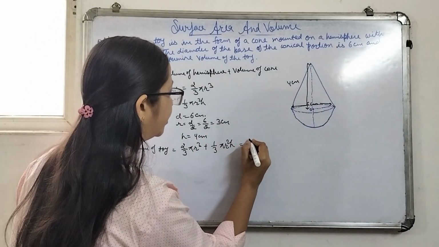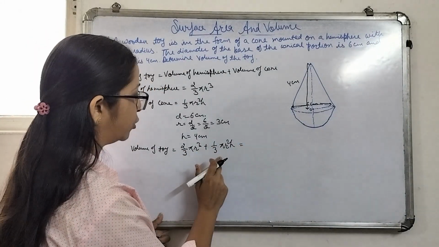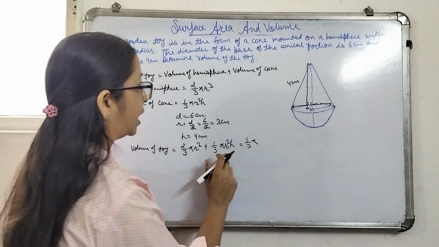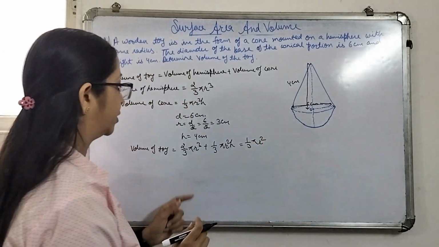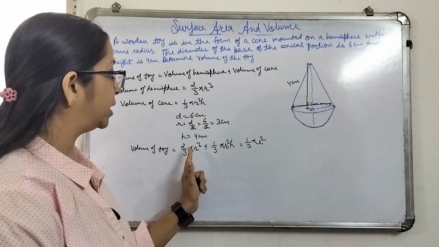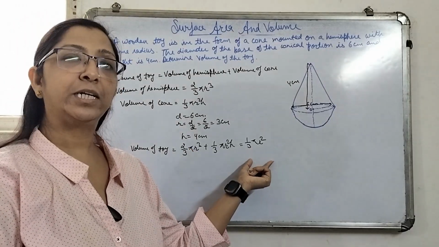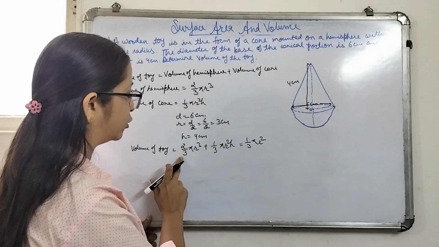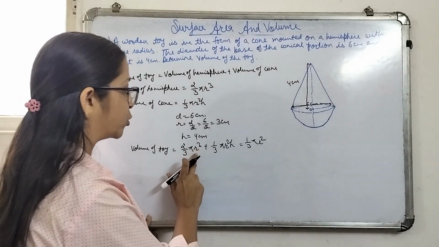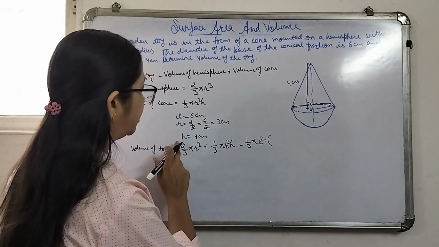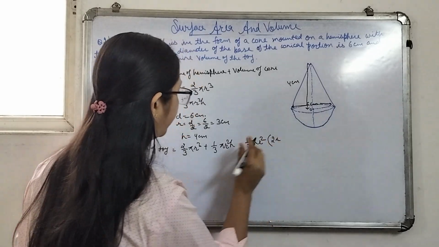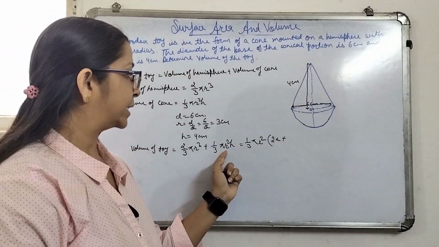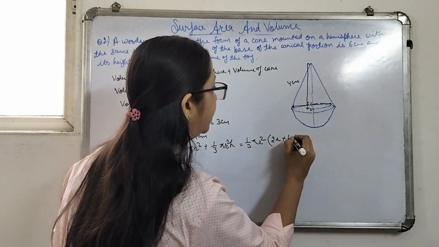So 1 upon 3 is common to both, pi is common to both, and r square is common to both. We take 1 upon 3 pi r square common. What remains is 2 times r in the first term, and h in the second.